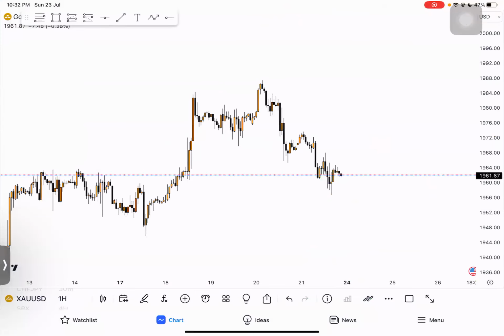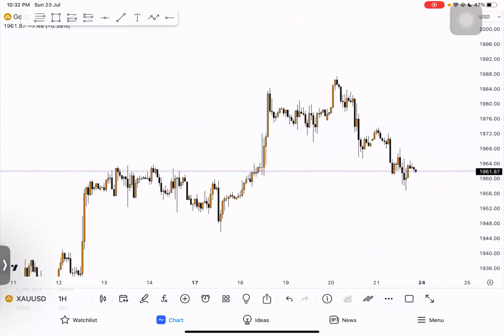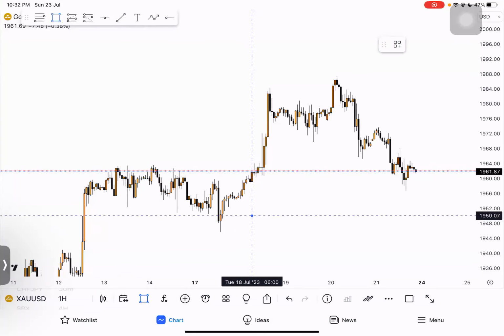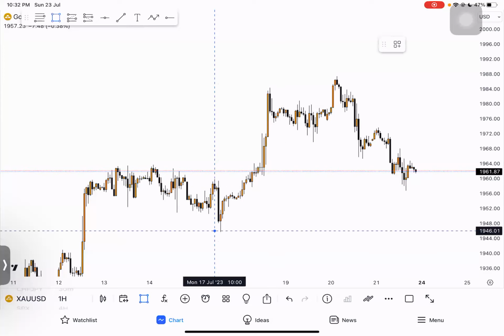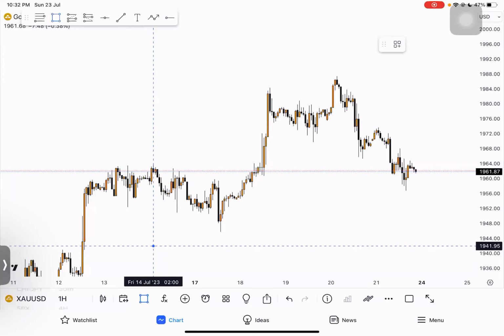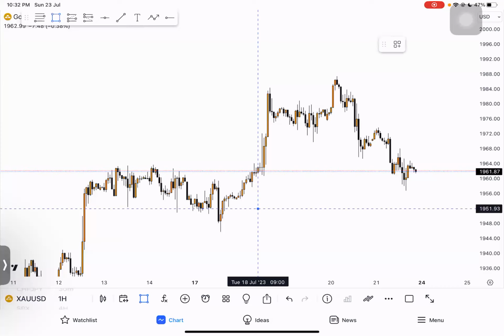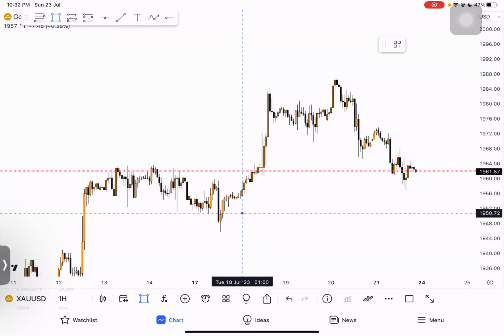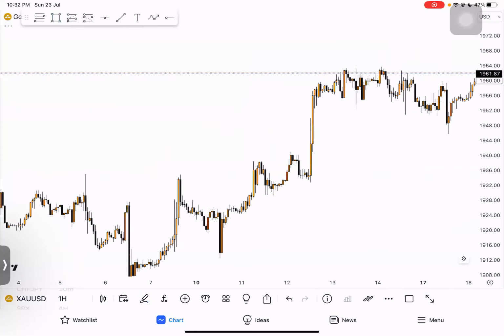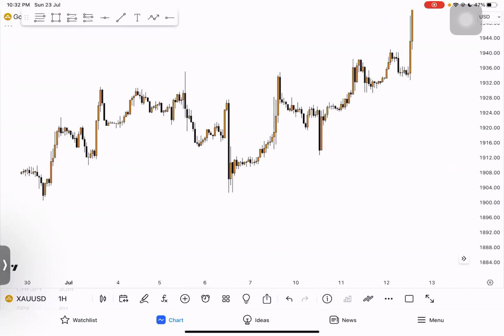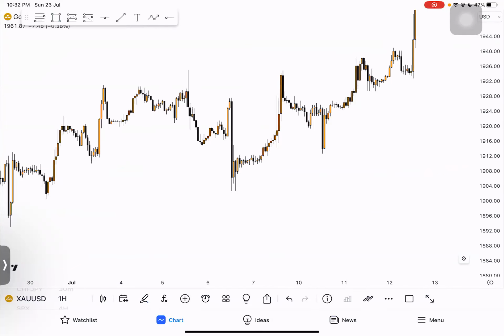For the rally base rally, I try to look for it. Maybe I should go for the previous one.